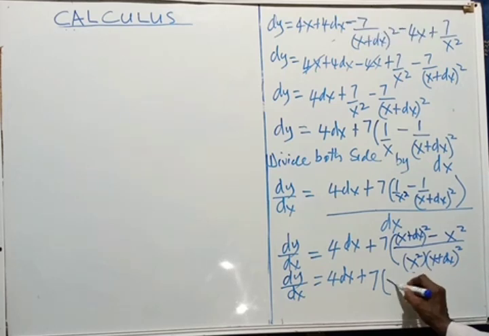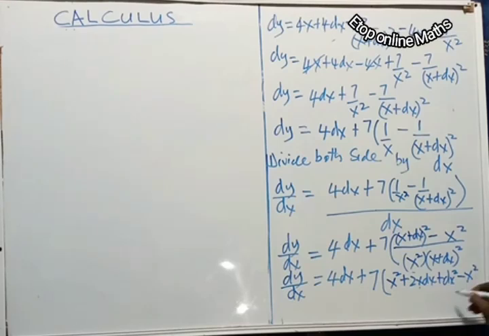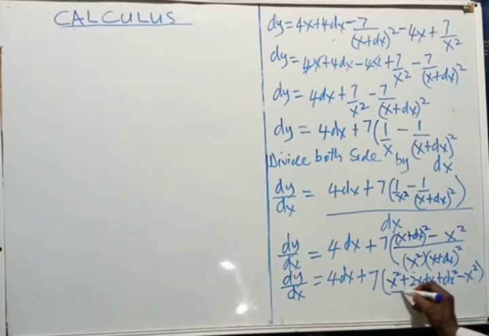So I have an x squared plus 2x dx plus dx squared minus x squared over x squared into x plus dx raised to power 2.